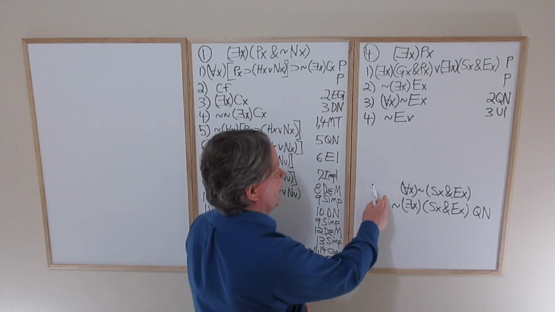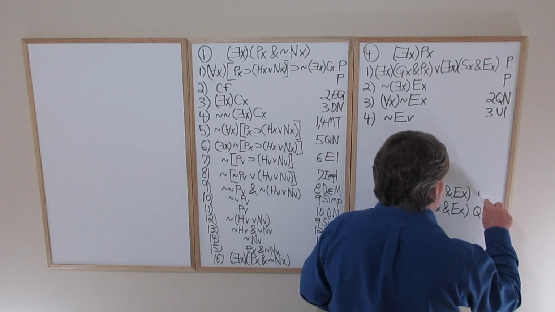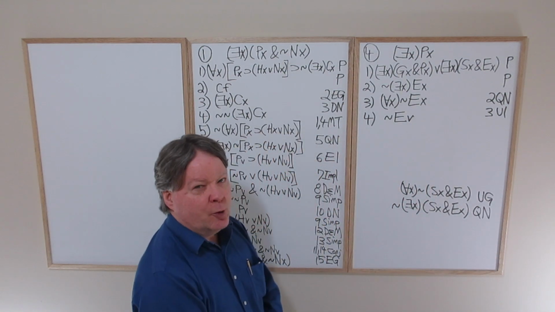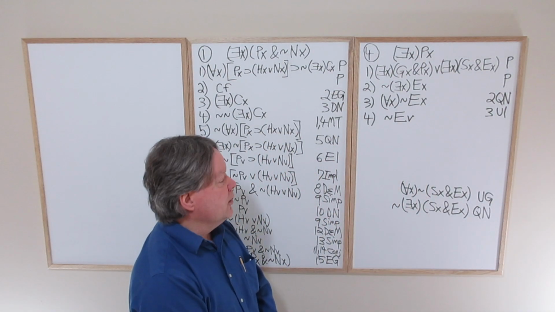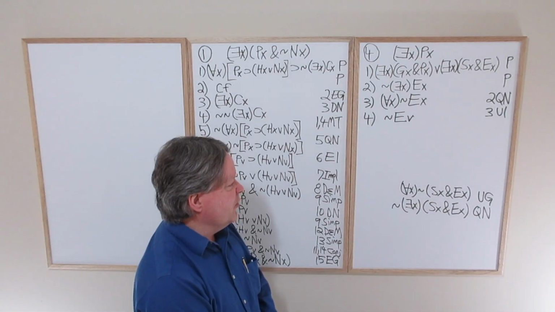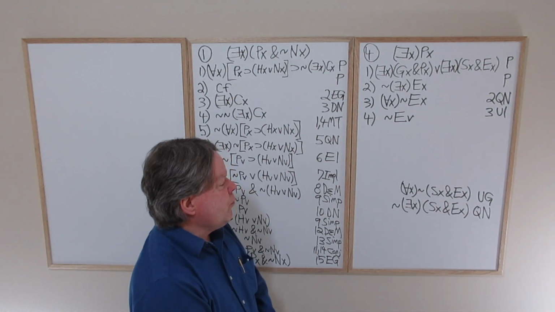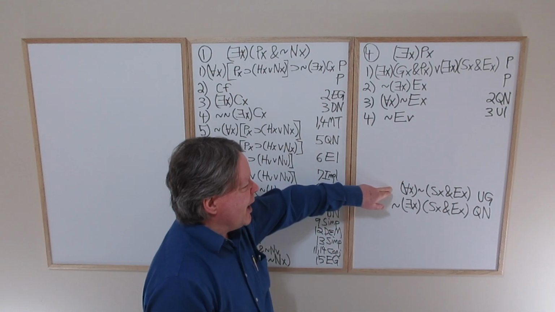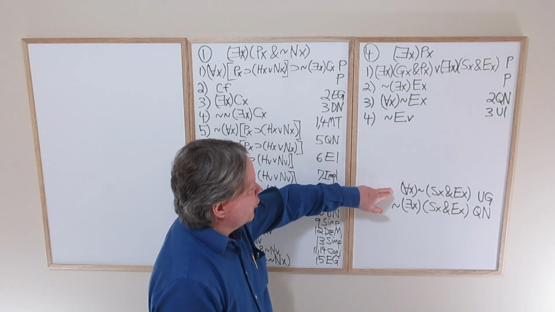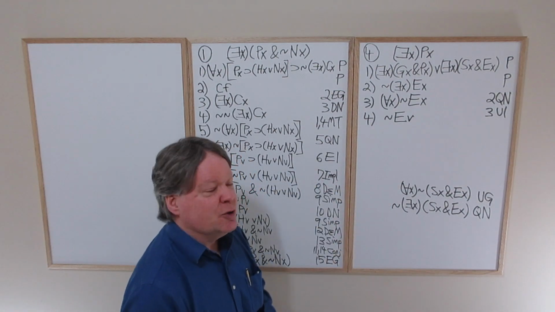Well, we'll get this sentence by UG. That's a restricted rule for putting quantifiers on. So we're going to have to make sure we don't violate any of the restrictions. What sentence would we need to have, though, if we were able to figure out a way to correctly get this sentence by UG?